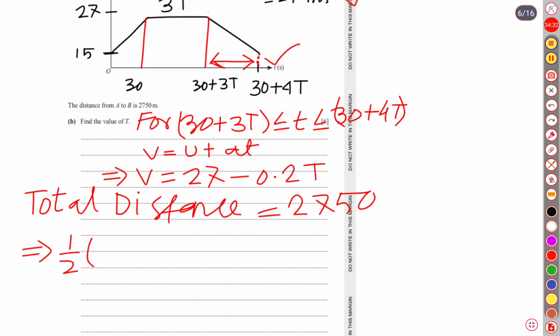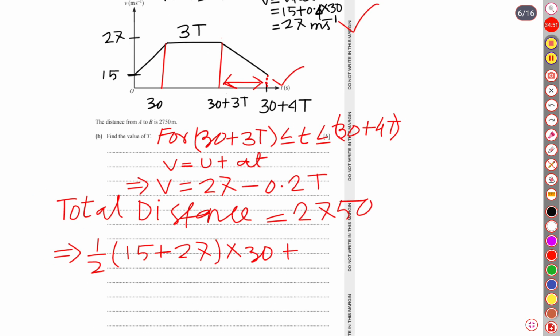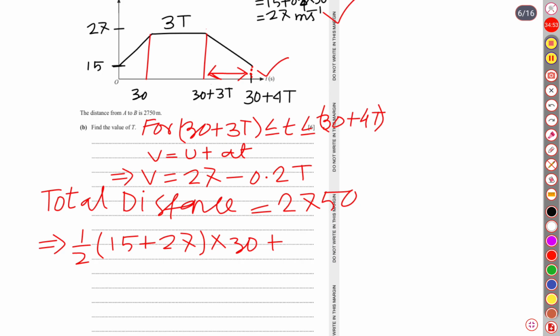One is 27, the other one is 15. So 15 plus 27 into the distance between these two parallel lines, which is 30. Then the second one is just a rectangle, length into width. So length is 3t and width is 30.